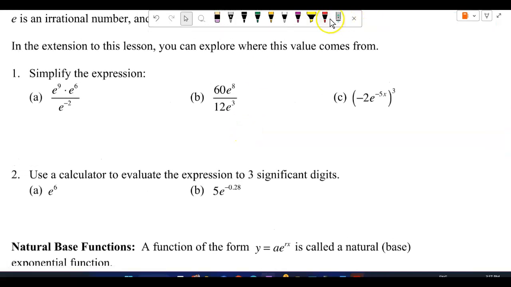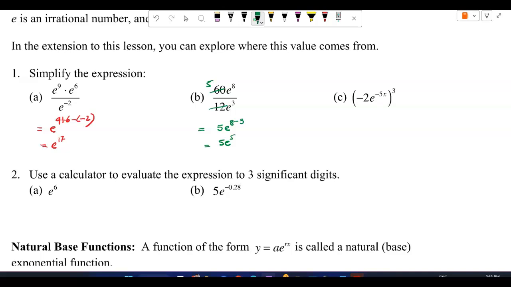So e behaves like any other base. What will you do with this one? You add the exponents, 9 plus 6 minus 2, so it's e to the 17. Next one: you divide, which means you subtract the exponents, so 8 minus 3, which is 5. e raised to 5.